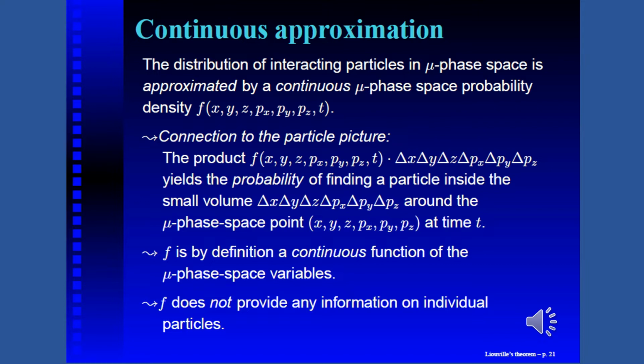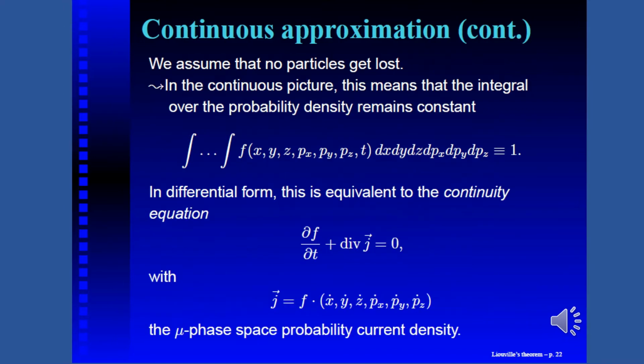f does not provide any information on the individual particles, but it gives information on the system of particles or number of particles. We assume that no particles get lost. In the continuous picture, it means that the integral over the probability density remains constant: the integral of f of x, y, z, px, py, pz, t dx dy dz dpx dpy dpz is equal to 1.